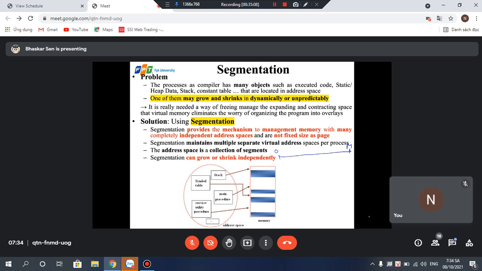Now the program, before it is presented to the CPU, is already split up into segments. Altogether, this is your program. And now the CPU will generate separate address spaces, still linear, for individual segments of your program.